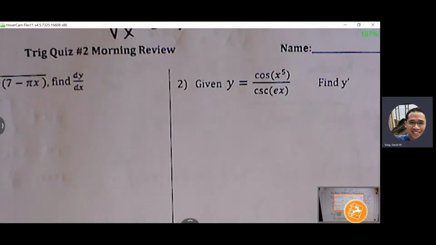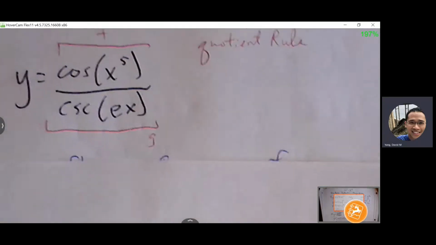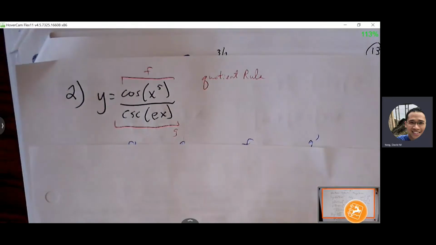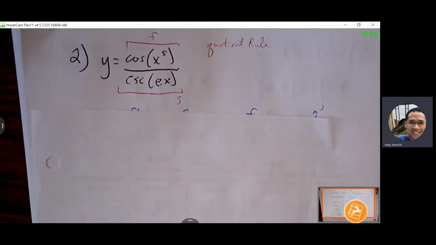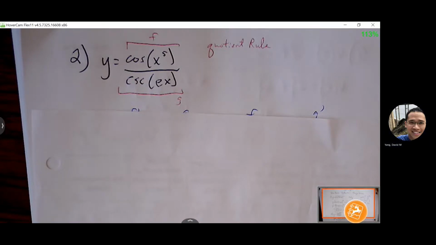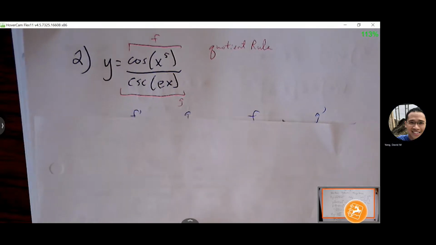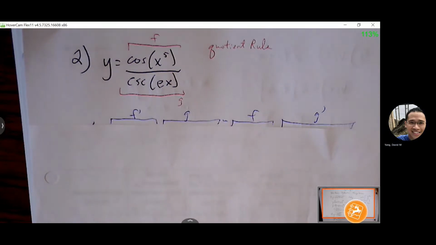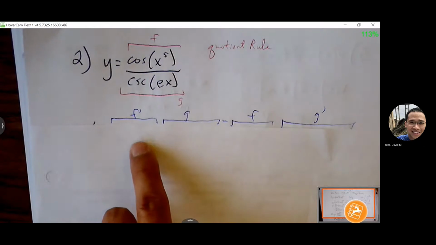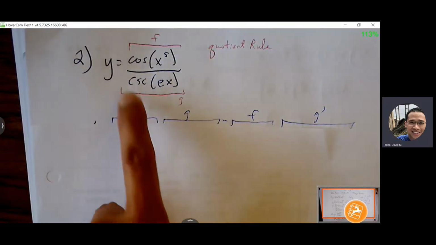Okay, so let's set that up. F prime g minus fg prime all over g squared.